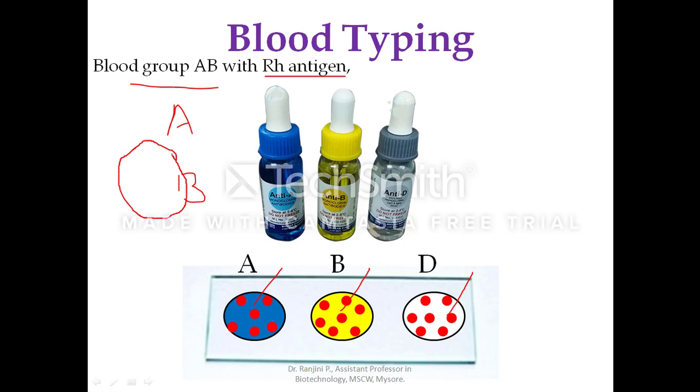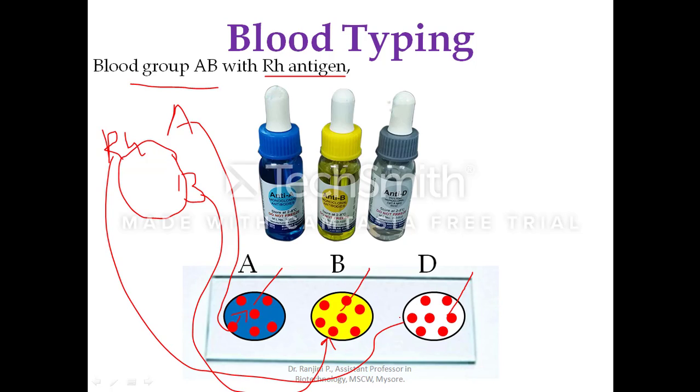So, you have agglutination in the circles labeled A, B and D, because these RBCs have the A, B and also the Rh antigen on their surface, due to which the A antigen will interact with the circle containing anti-A antisera, the B antigen will interact with the circle containing anti-B antisera, and the Rh antigen will interact with the anti-D antisera.